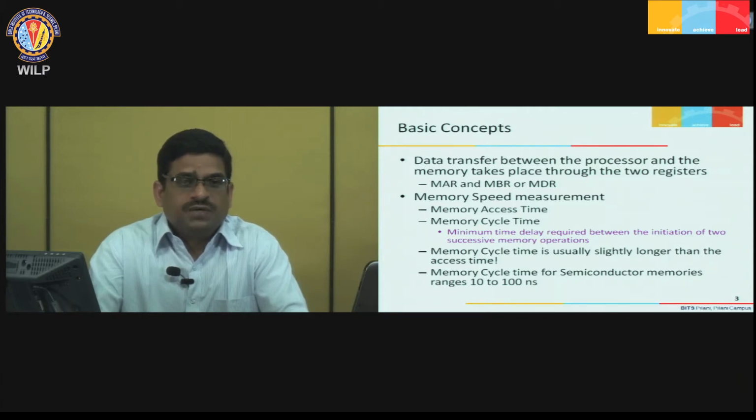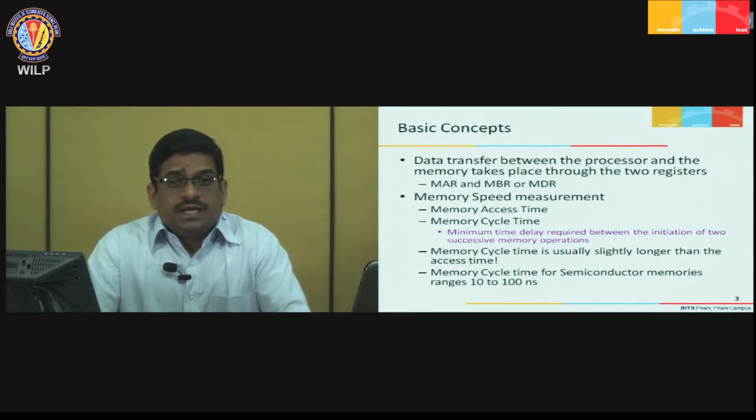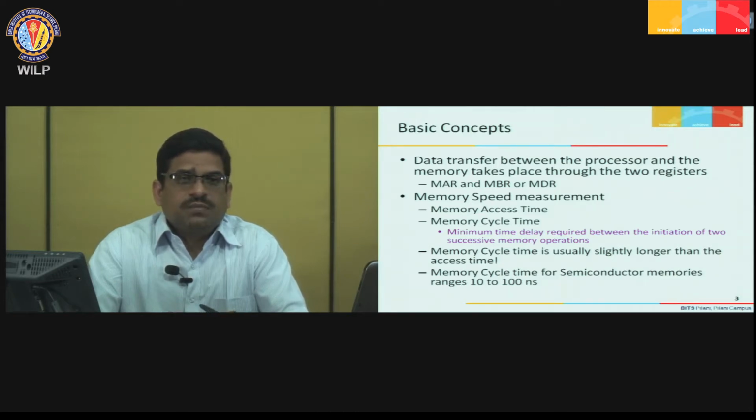The time difference between these two events is your access time. Cycle time is the minimum time delay required between the initiation of two successive memory operations, which can be a read operation or a write operation.